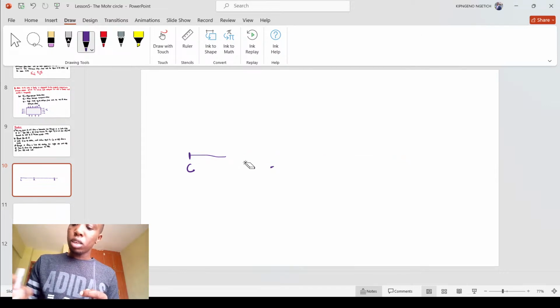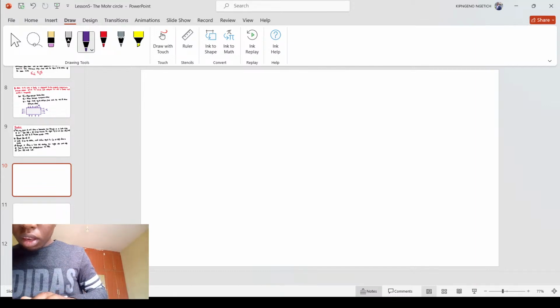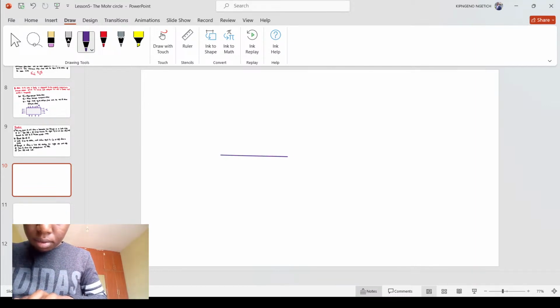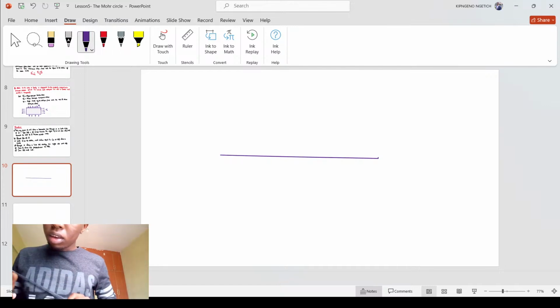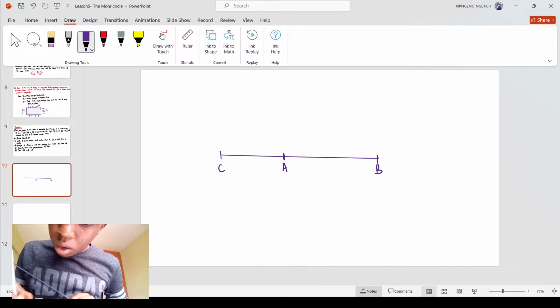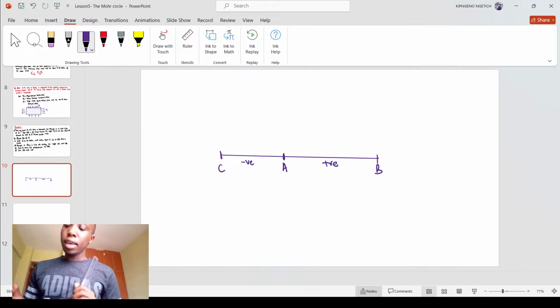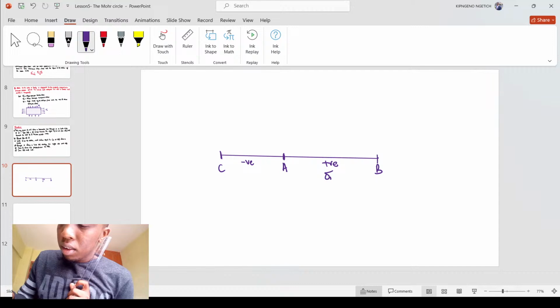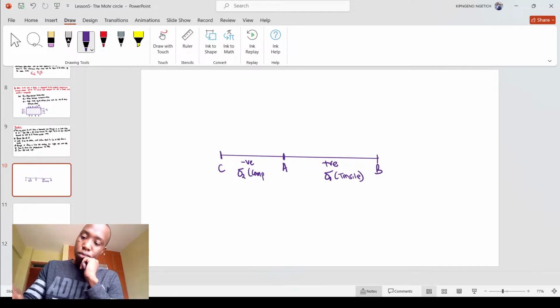So let me reduce the scaling. So we have our A, our B, our C. This is the negative, this is the positive. This is stress 1, which is tensile. This is stress 2, or the minor stress, which is compressive.